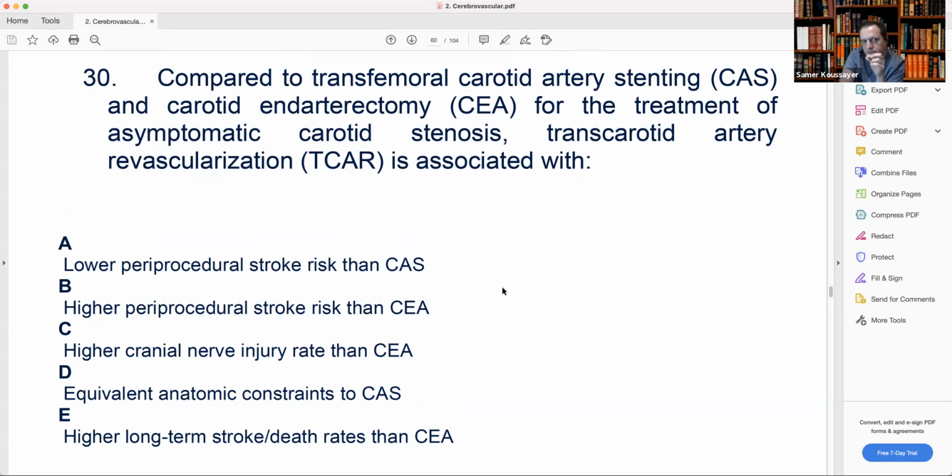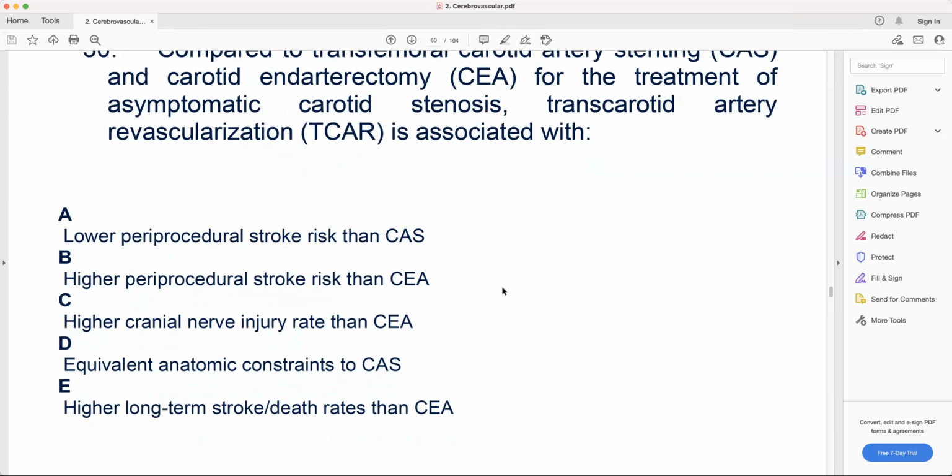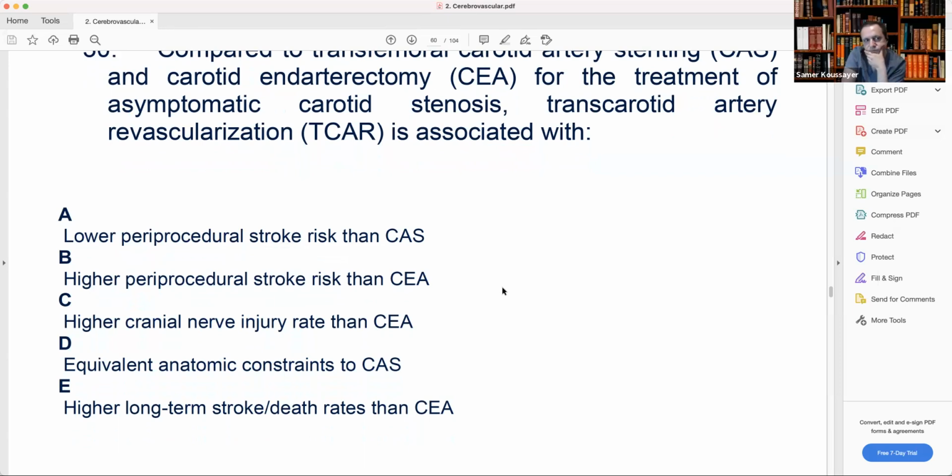So when TCAR came, it was able to drop the stroke rate of stenting down to the level of carotid endarterectomy. That is the reason why it became more popular. So now TCAR and carotid endarterectomy have the same level of stroke. That's why people like to do it, because you decrease the chance of stroke.